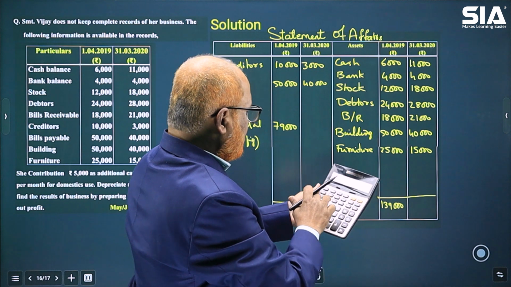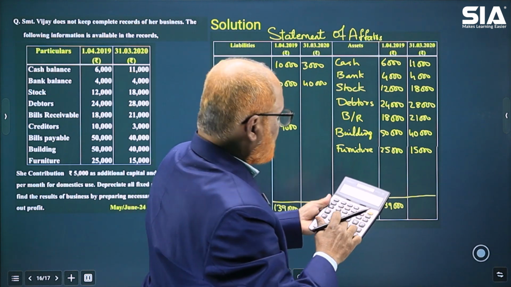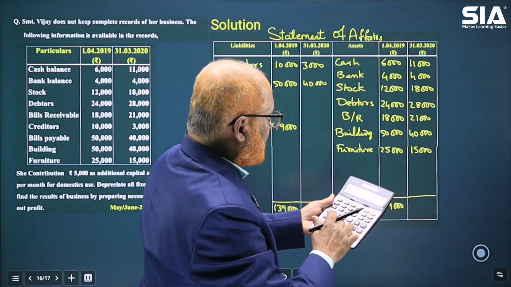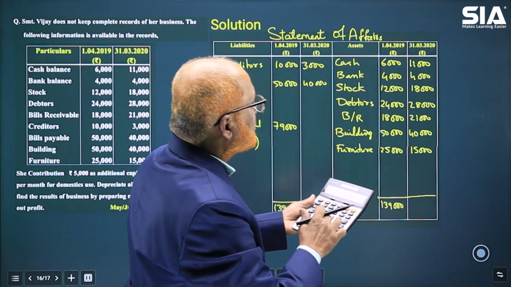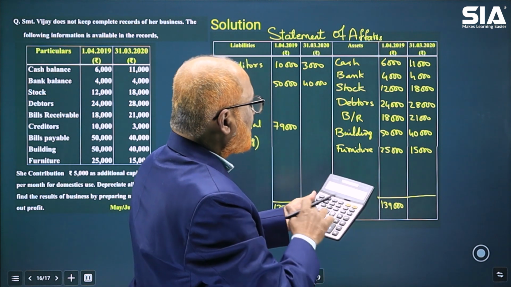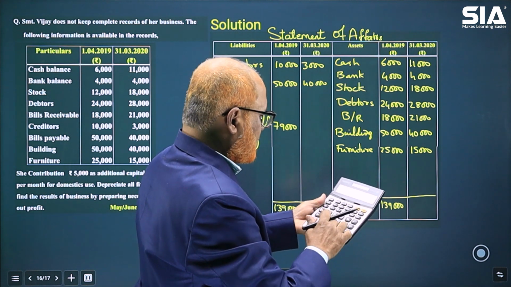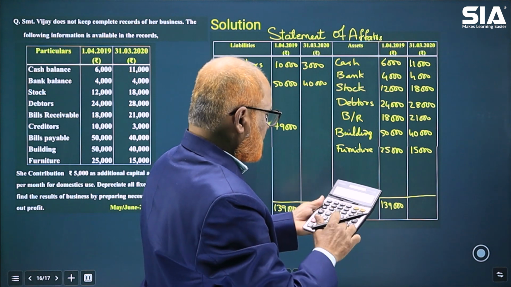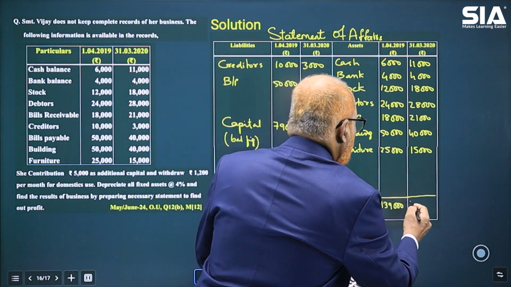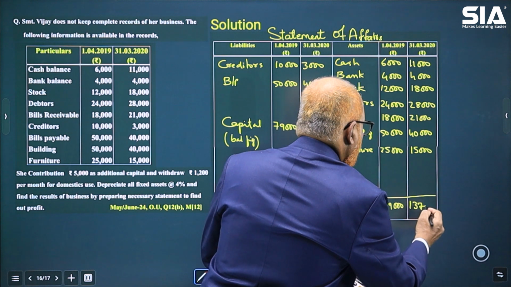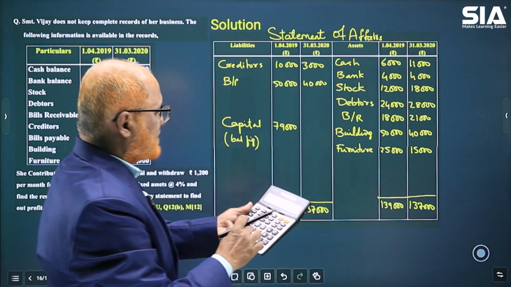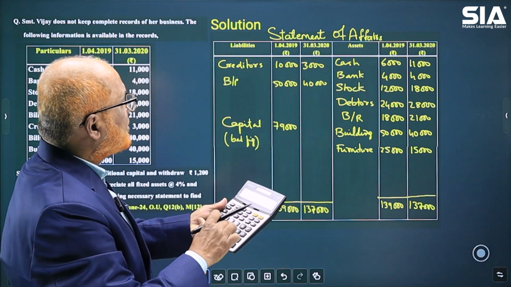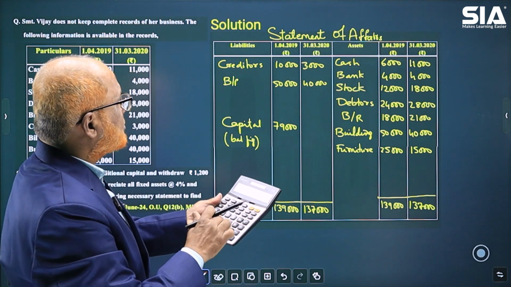Asset side: 11,000 plus 4,000 plus 18,000 plus 28,000 plus 21,000 plus 40,000 plus 15,000. It comes to 137. 137 minus 3,000 minus 40,000.